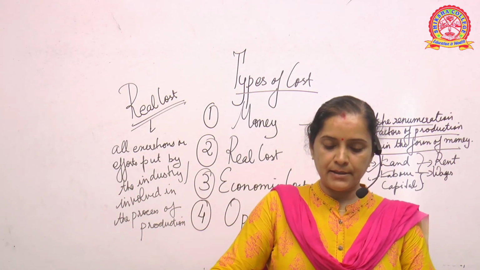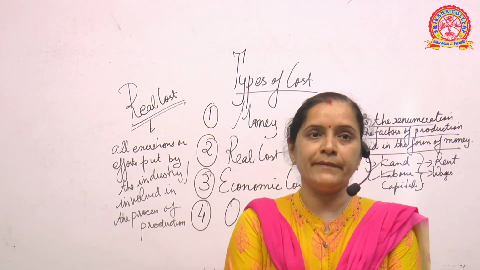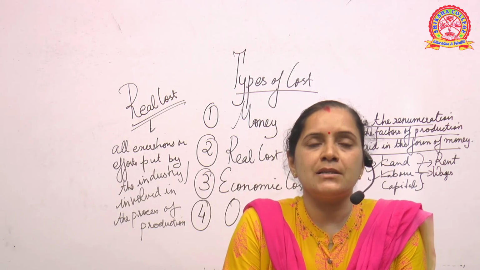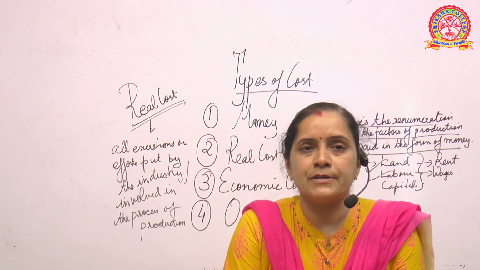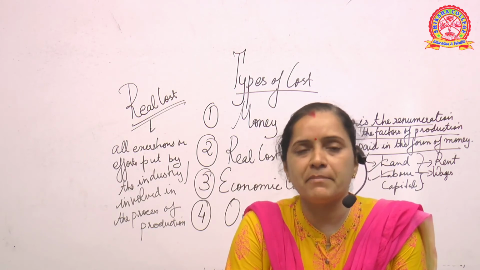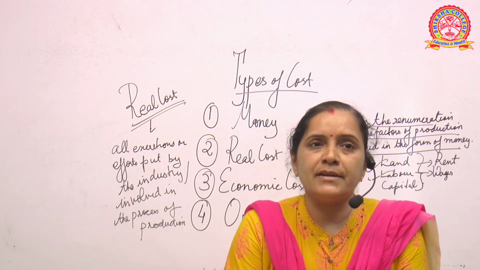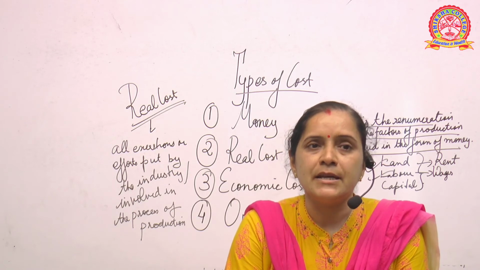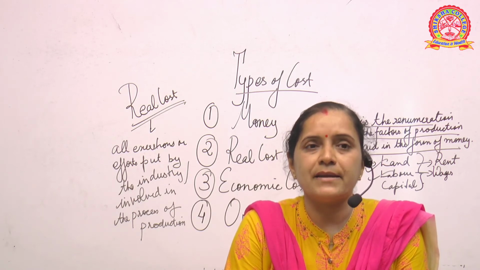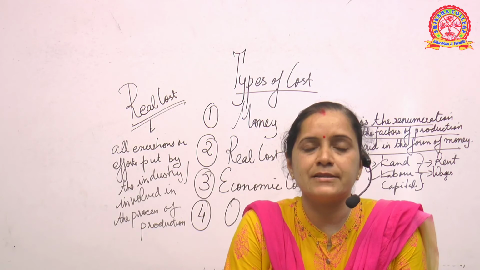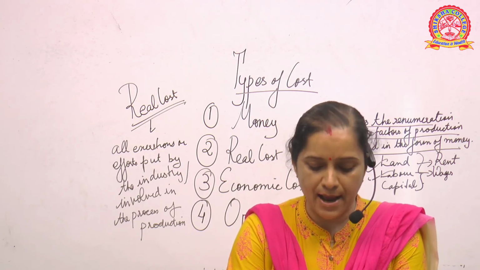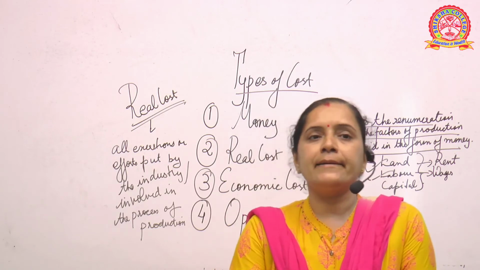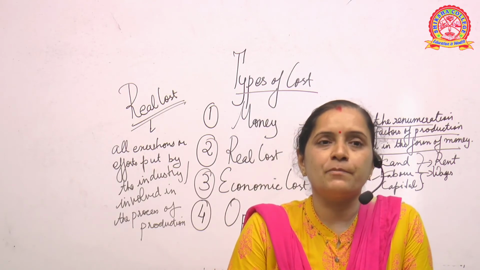Now when we are talking about real cost, we can say that whenever an industry is into the process of manufacturing, or whatever may be the nature of the industry, when an industry is producing something like goods and services, the industry has to make certain sacrifices, the industry has to exert some kind of expenditure, the industry has to put in a lot of efforts for the completion of the production process.